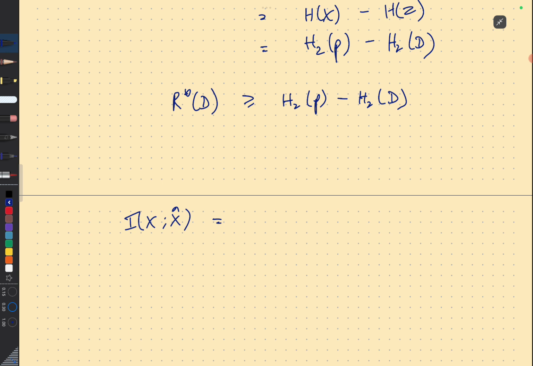So let's look at this mutual information between x and x hat. This is equal to h of x minus h of x given x hat.